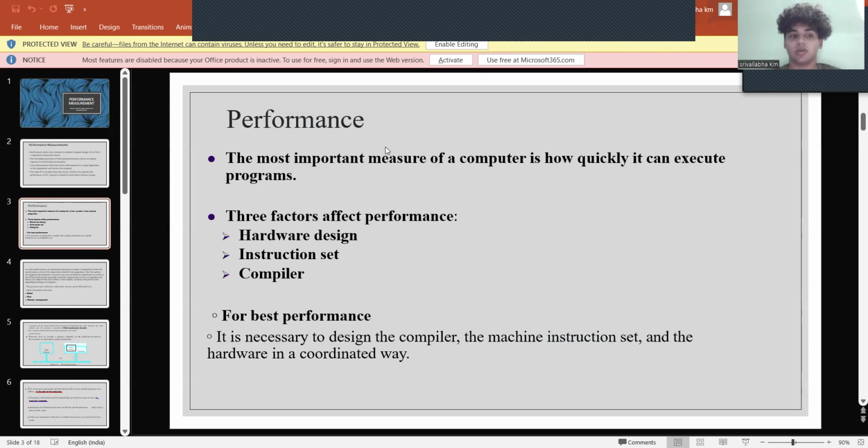To know about performance measurements, we need to know about performance. The most important measure of a computer is how quickly it can execute programs.